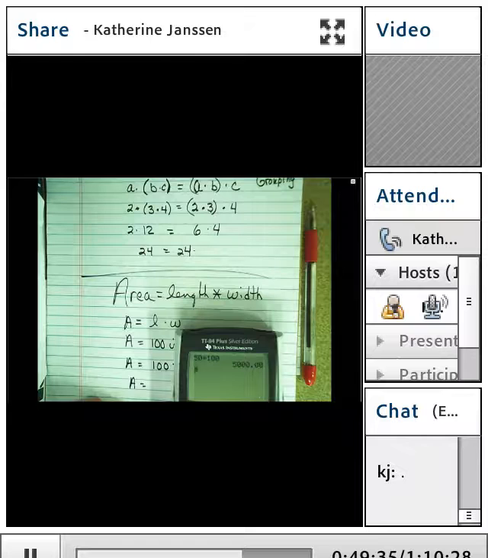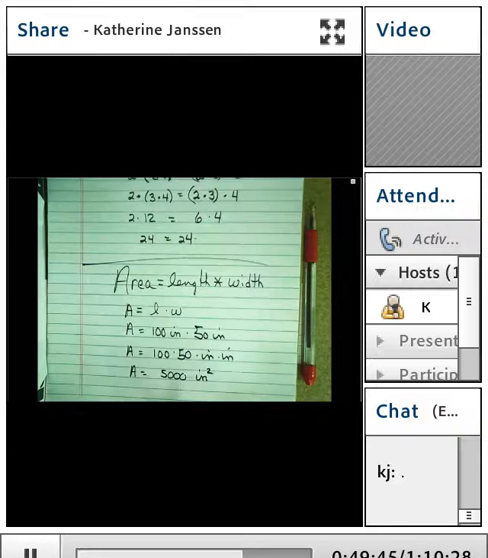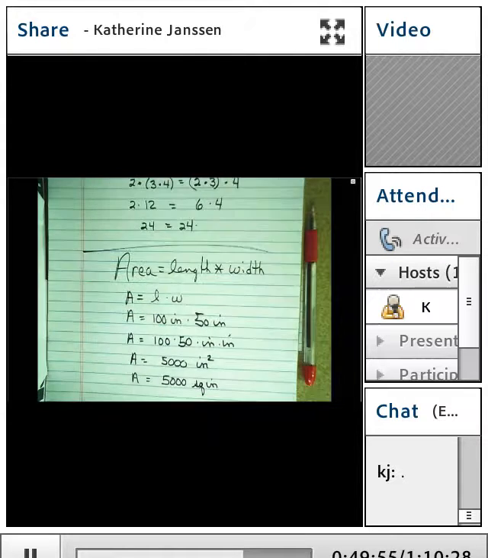Fifty times 100 is 5,000. And inches times inches is inches squared. We can also label our answer as 5,000 square inches. A couple different ways to label.